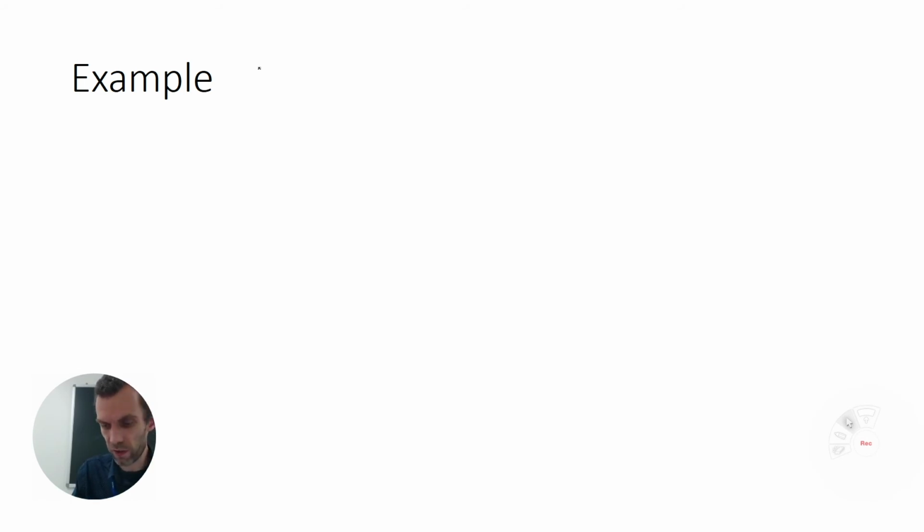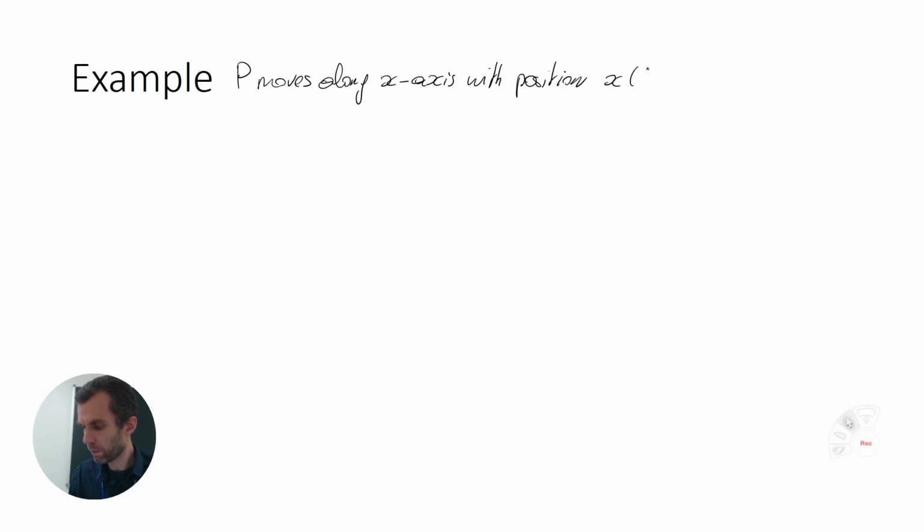So for this example, we have particle P moves along the x-axis with position given by x of t equal to 2 times t cubed minus 15 times t squared plus 24 times t. And let's compute a couple of properties.